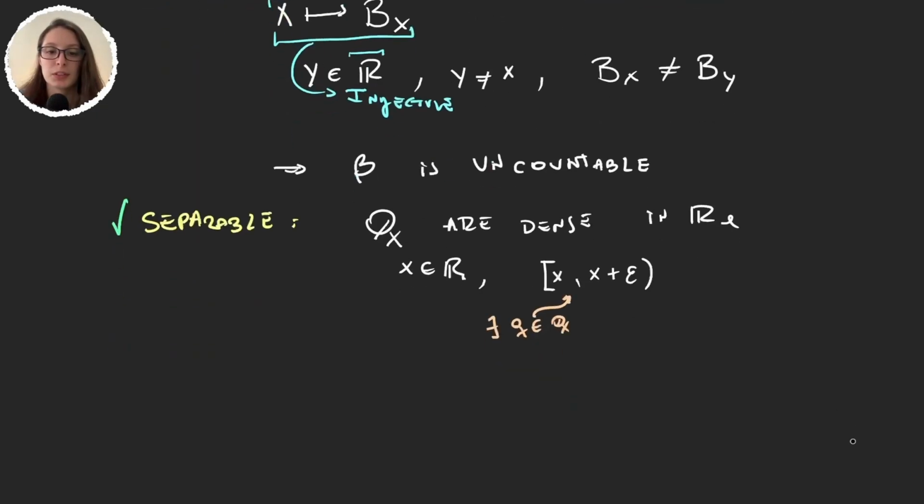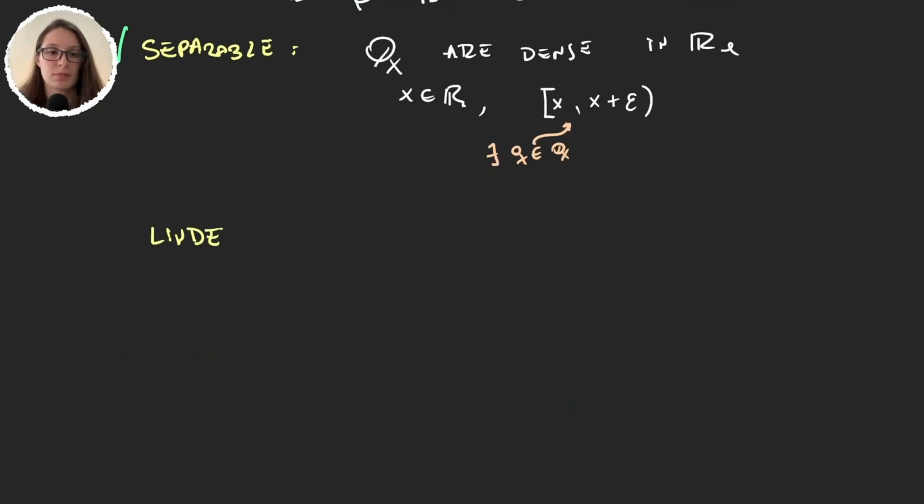Now let's see if it's Lindelöf. To show that a set is Lindelöf, we have to take any covering of the set and prove that there will exist a countable subcollection that also covers the set. And without loss of generality, like we did with the compact sets, we can take this covering to be formed by elements in the basis.